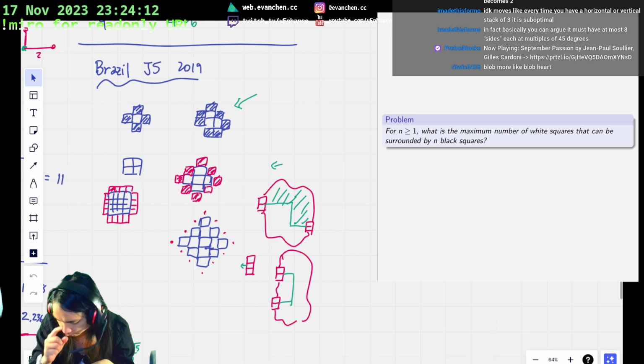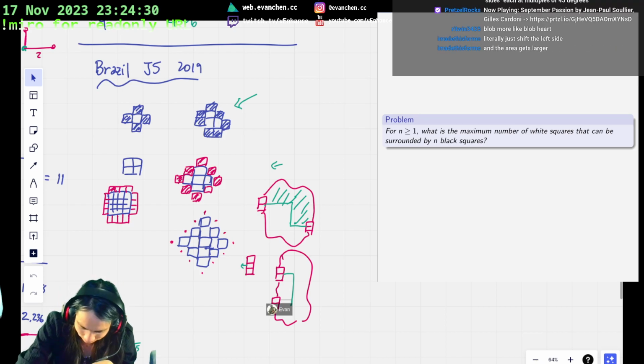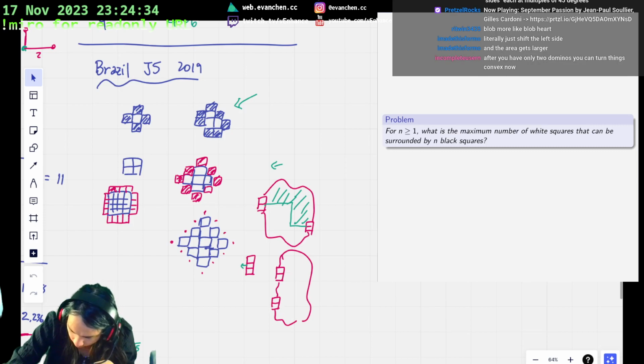Okay. Oh god. This is gonna, oh, yeah, actually just shift the whole. Yeah, okay, that's true. I don't need to cut. I can just take this blob and shift it. Move it.